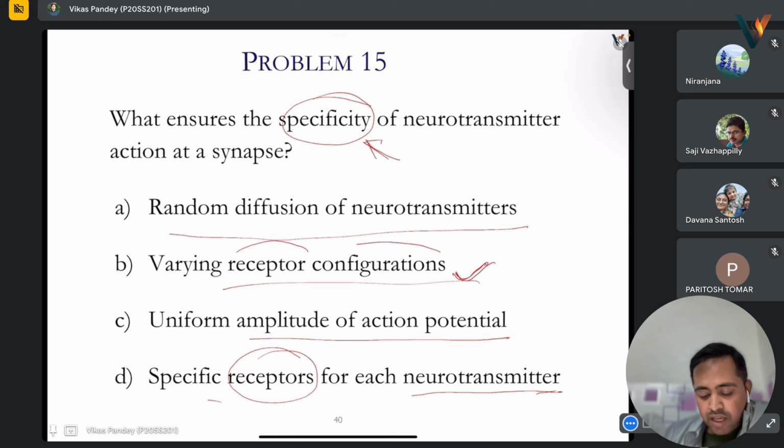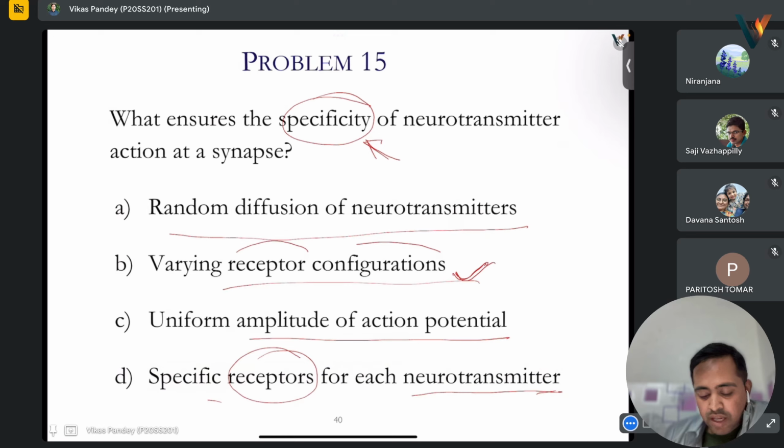Okay. When we are talking about configuration, what do you understand by configuration? Either changes in structure or maybe some kind of storage mechanism, something of that sort. So you are saying that configuration includes structural and chemical configurations.